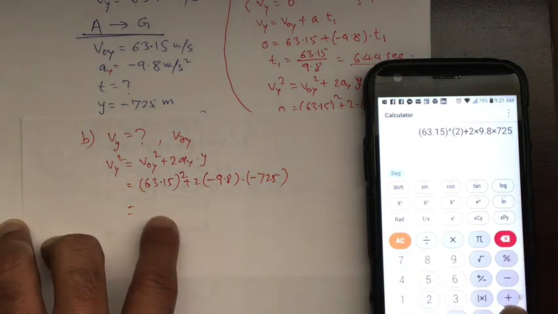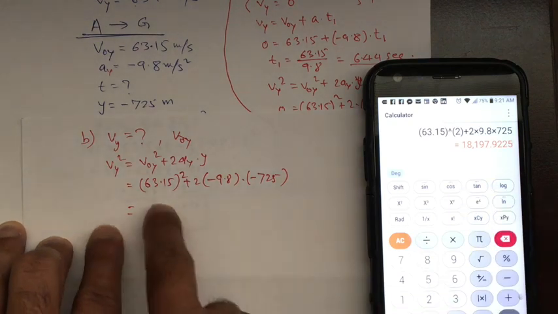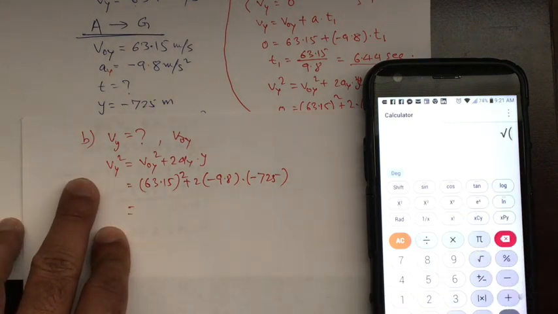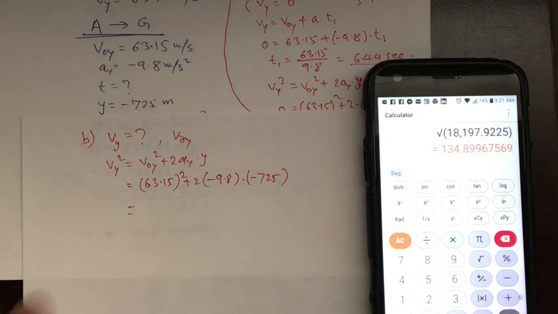This will give 18 point something, but you have to get Vy with the square root, right? So take the square root of your answer. This will give you 134.4, which is almost 135.